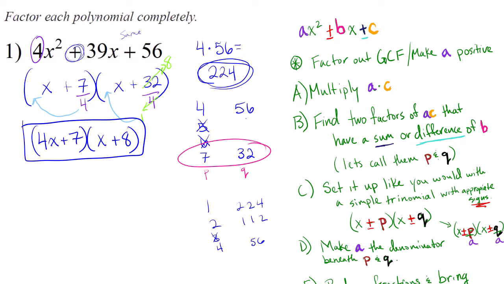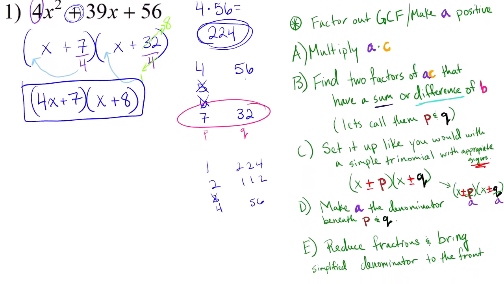But the other thing is you can keep going and get to the end of your list. And if you get to the point where you get to a number on this side that's already on the other side, that means your list is done. And if you don't find numbers that add or subtract to get that middle number, that means it's a prime complex quadratic. Okay. All right.